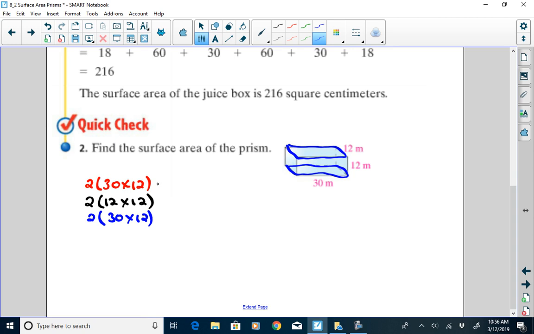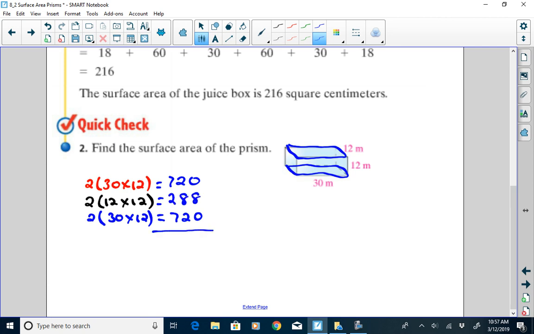If we add all of those areas together, we will find the surface area, which is the sum of the area of all of the surfaces. Well, 30 times 12, 3 times 12 is 36, so it's 360 times 2, that's 720. This would also then be 720 because it's also 2 times 30 by 12. Then we have 2 times 12 times 12, 144 times 2, 288.